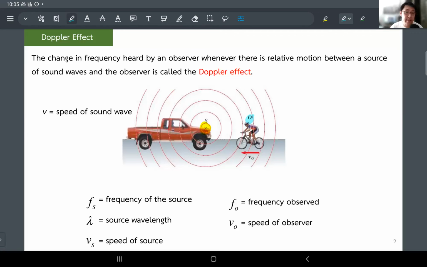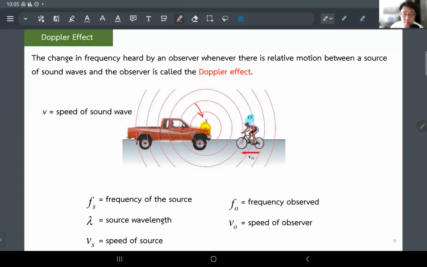So it's the change of the frequency due to the movement of, in this particular example, the source that is moving. However, on the other hand, if you also travel, the frequency that you observe will change as well. So right now, what we are dealing with is that there are two things that can change your observed frequency.